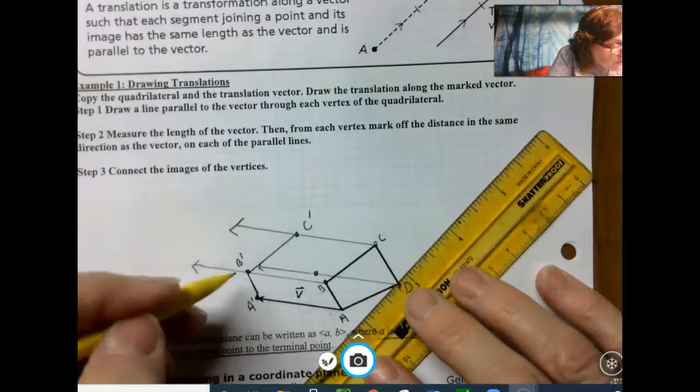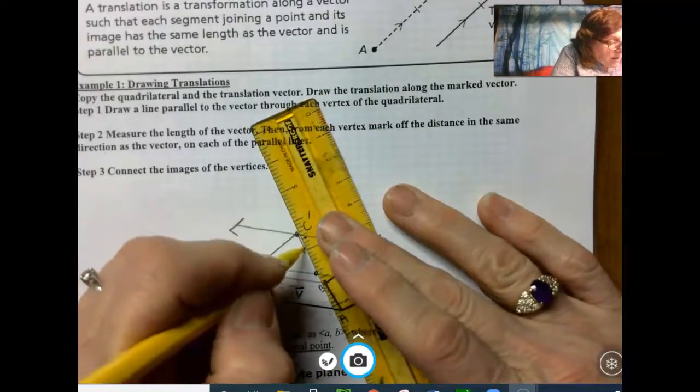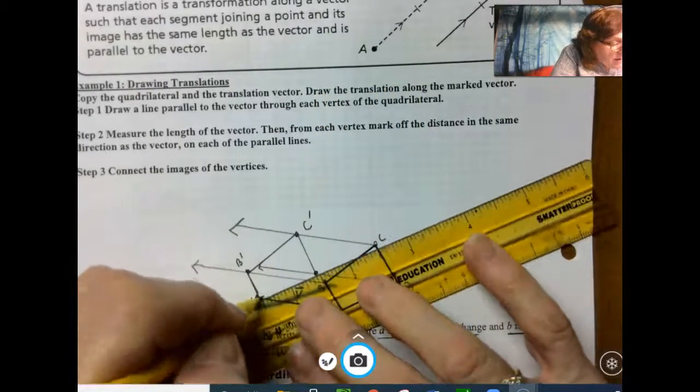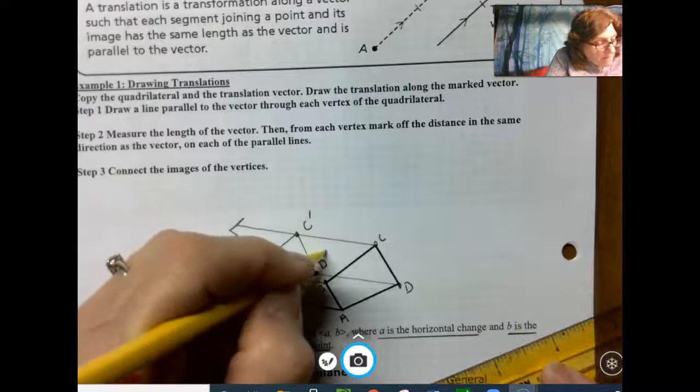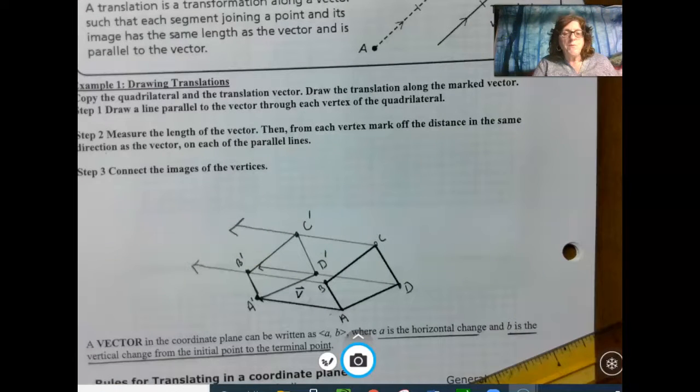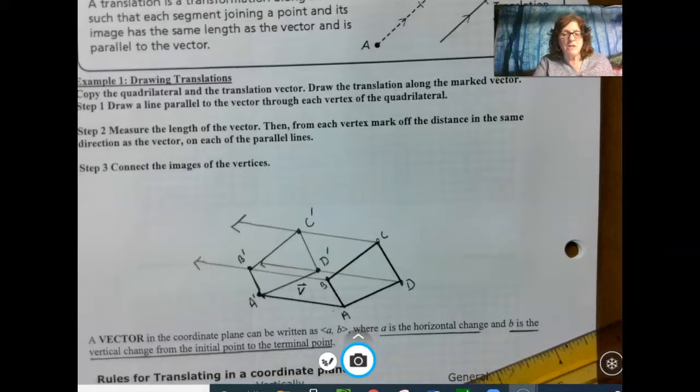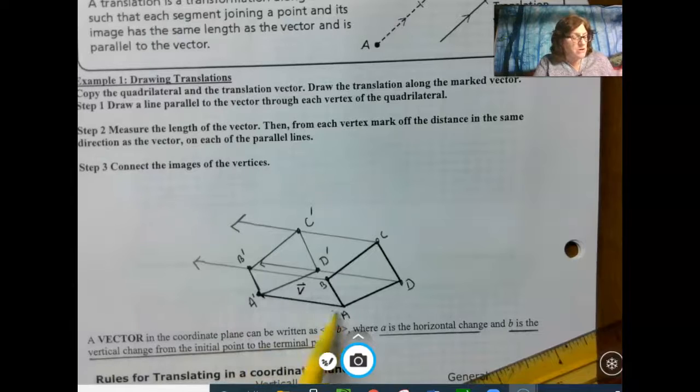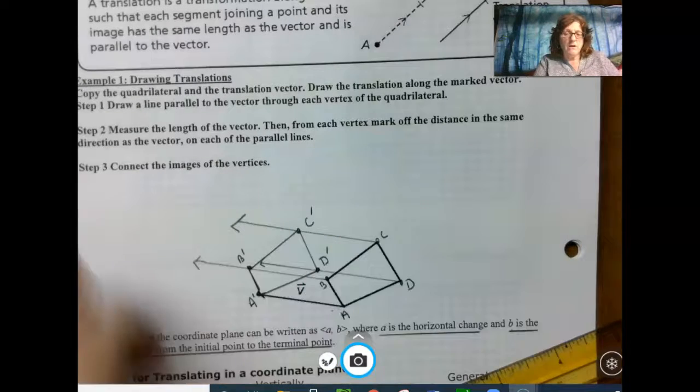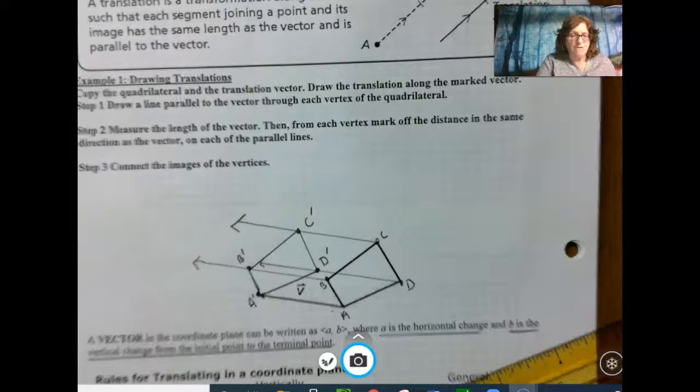So that's my C prime, and then that's my D prime. So that's how we would create a translation using a vector notation on an open plane surface.